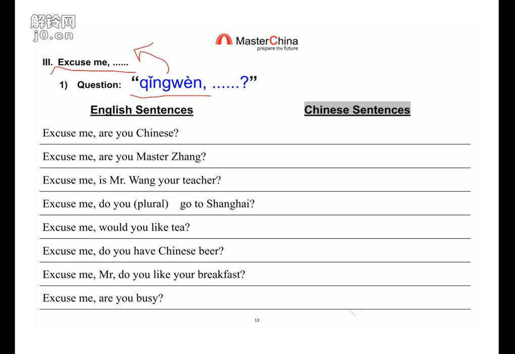So 请问 is put at the beginning of the sentence, please pay attention. All these sentences help you review what we learned before, how to organize the statement and the question, right? Yes, no questions. Usually they are yes, no questions. So I give you some minutes. Now, just focus on your work, and then we check the answers together.